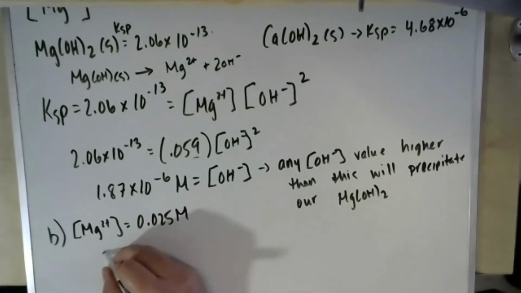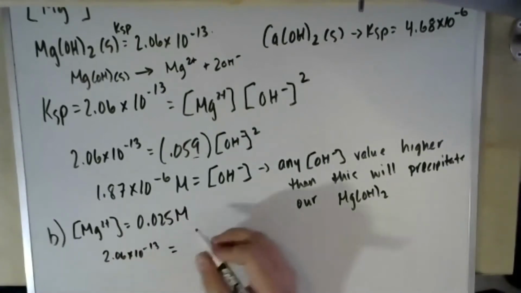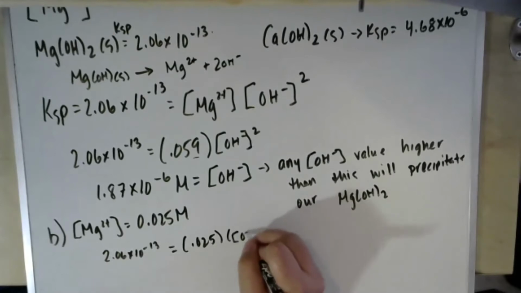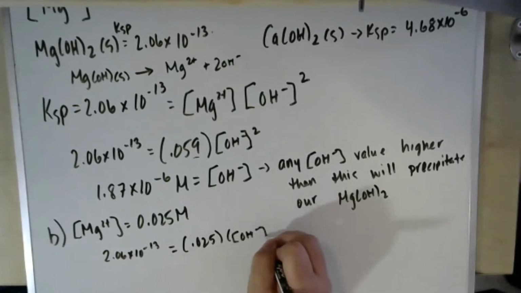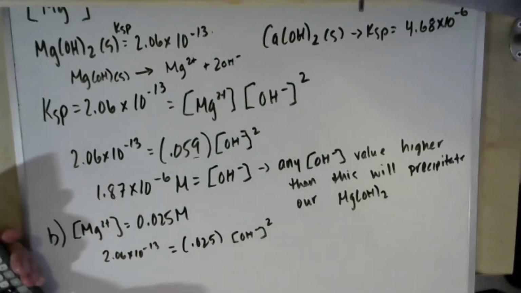So we're still going to have our KSP equal the concentration of magnesium times hydroxide ion squared. And we'll still solve it the same way. 2.06 times 10 to the negative 13 divided by 0.025.